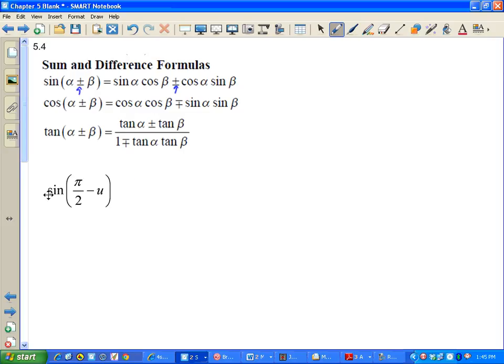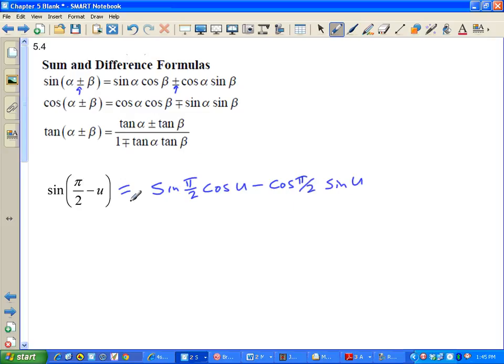So sine of pi over 2 minus u. My formula says I'm going to take the sine of the first thing times the cosine of the other thing. Since this was minus, this will be minus the cosine of the first thing times the sine of the second thing.